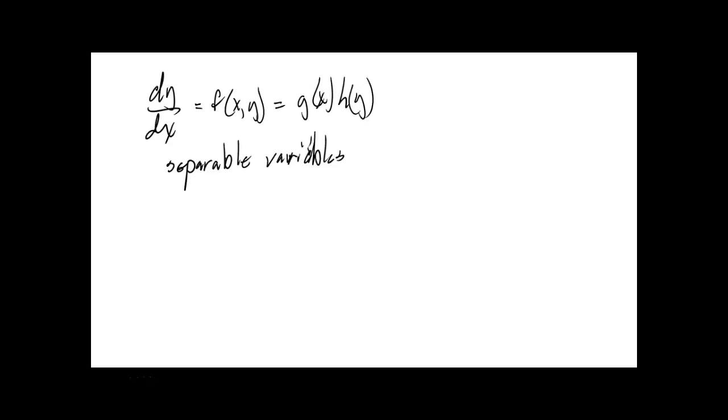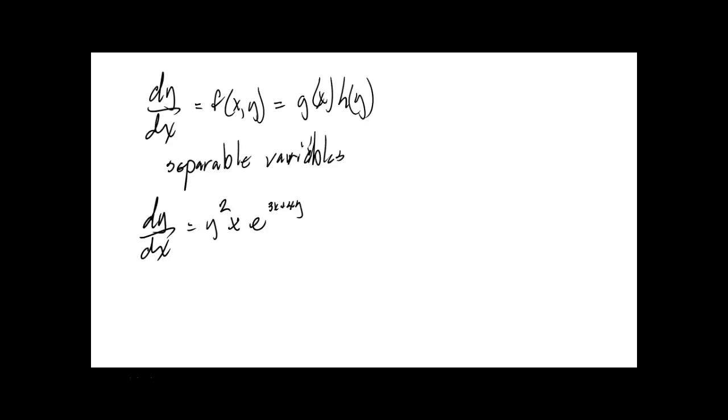Okay? So here's an example. dy dx is equal to y squared times x times e to the 3x plus 4y. Does that look like it's separable?